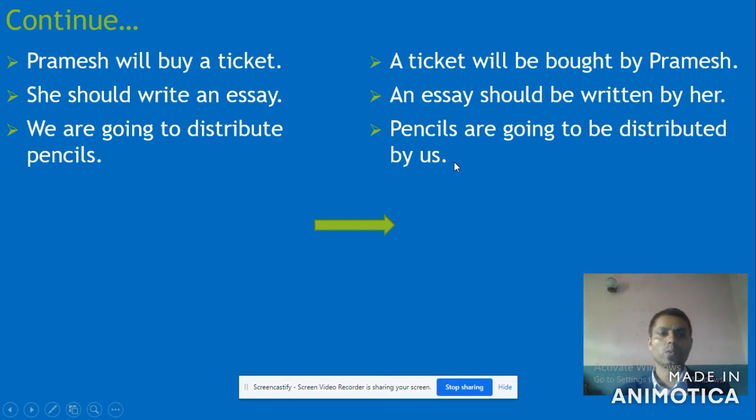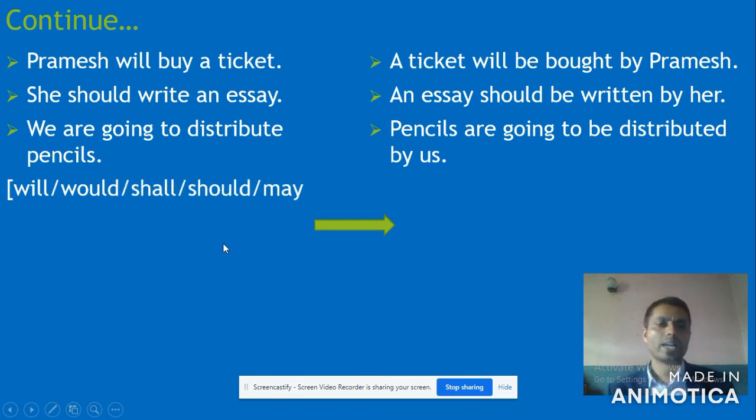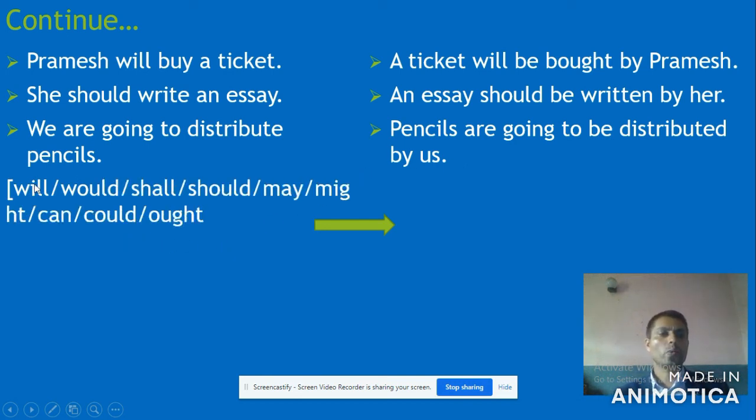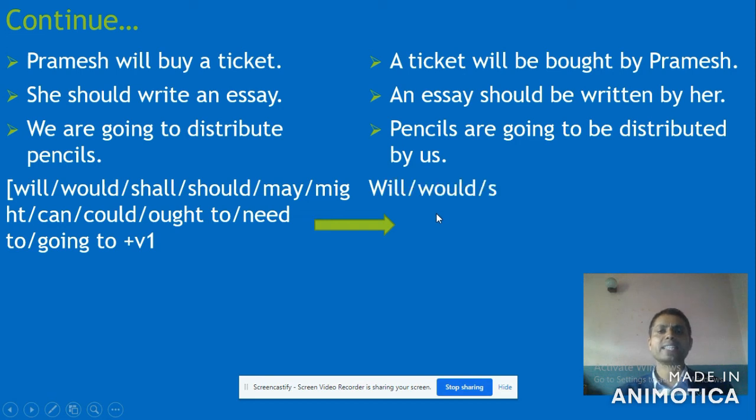Get it? Well, my dear students, the very important thing that you have to remember here is what? If you have sentences with such modal verbs, and sentences with going to plus verb 1, we have to change them with this formula.